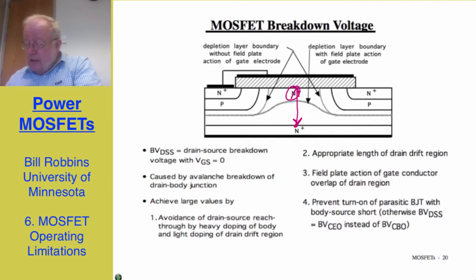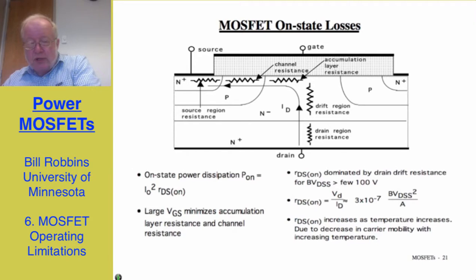The MOSFET on-state losses have several contributions. If we're talking about a low voltage MOSFET, something on the order of 100 volts or at most breakdown voltage, then the contributions to the on-state losses come from all parts of the device.